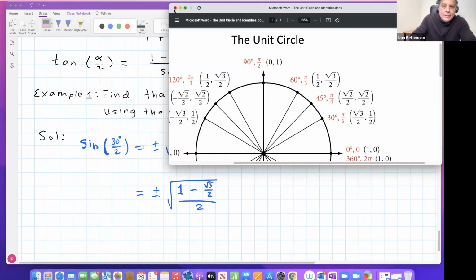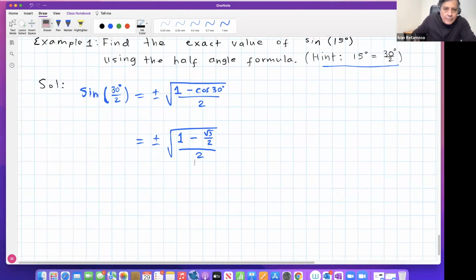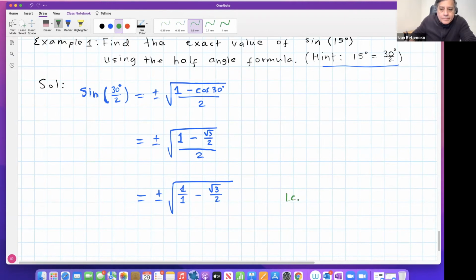All right, great. Now we got to do this algebra, okay? Carefully here. Look, we're going to use the LCD and stuff. This will be 1, which is the same as 1 over 1, minus square root of 3 over 2. LCD of 1 and 2 is 2.